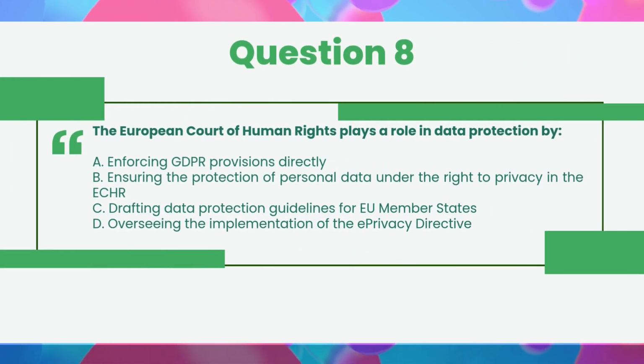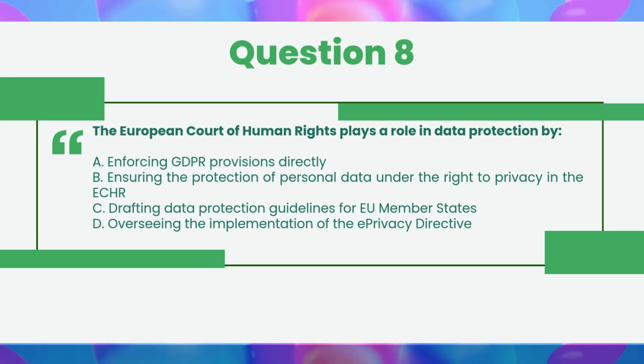Question 8. The European Court of Human Rights plays a role in data protection by A. Enforcing GDPR provisions directly. B. Ensuring the protection of personal data under the right to privacy in the ECHR. C. Drafting data protection guidelines for EU member states. D. Overseeing the implementation of the e-privacy directive.